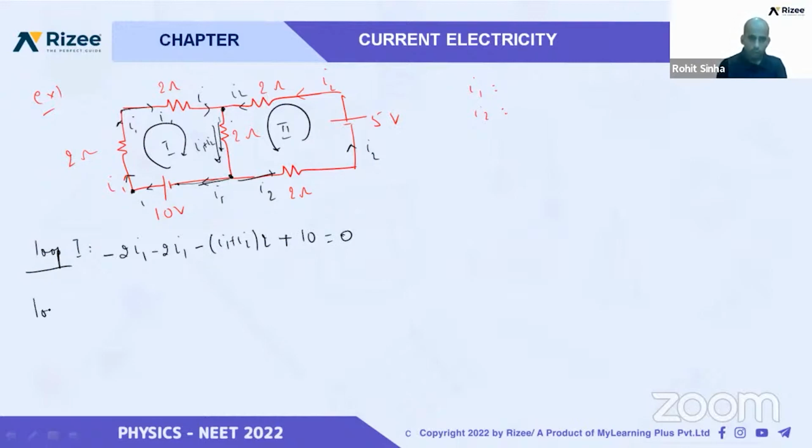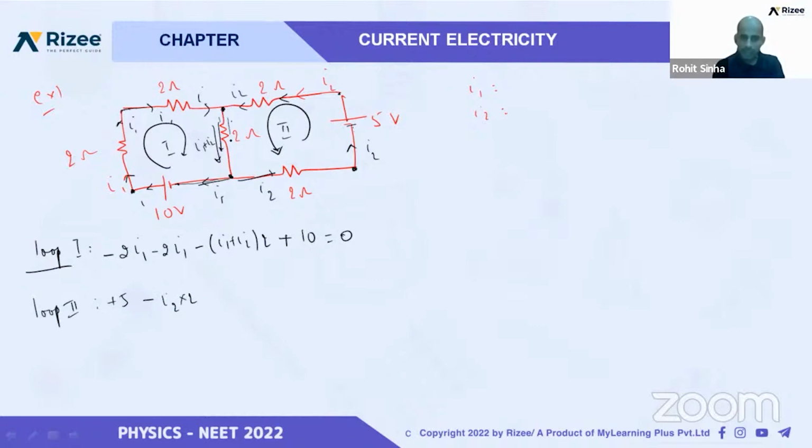Now loop 2. What will happen in loop 2? We are starting, we have to take this direction. Let us start from here. Now from here we are moving from low potential to high potential of a cell, that means positive, plus 5. From here we are moving in the direction of current, that means minus of I2 into 2.